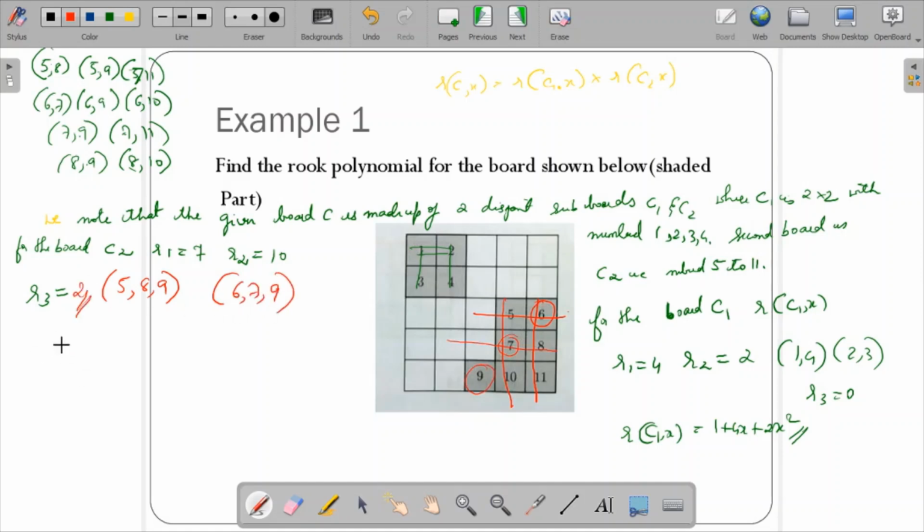So for R of C2 of x, the formula is 1 plus 7x plus 10x square plus 2x cube. So this is of the second rule.